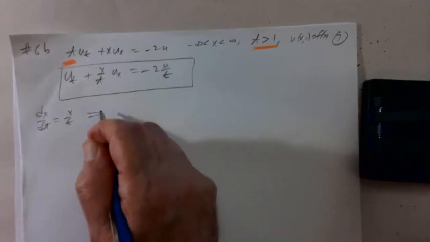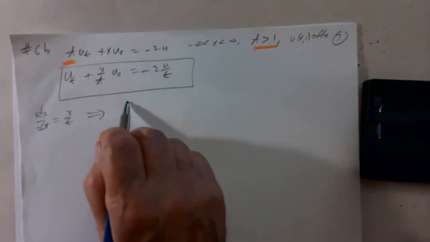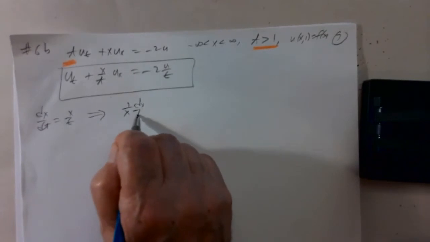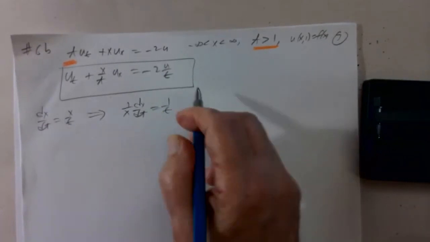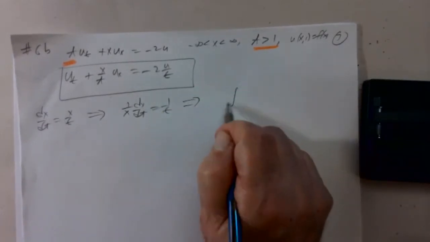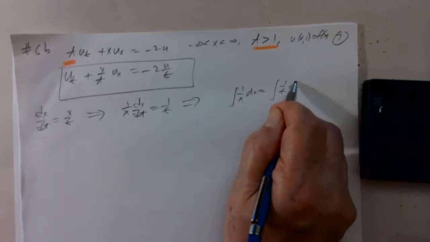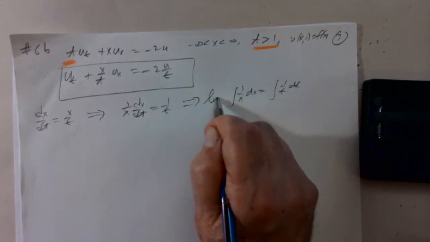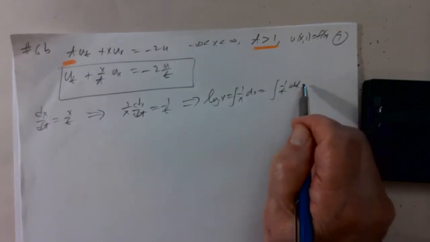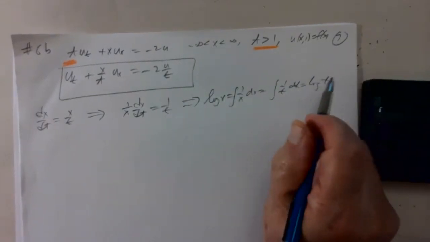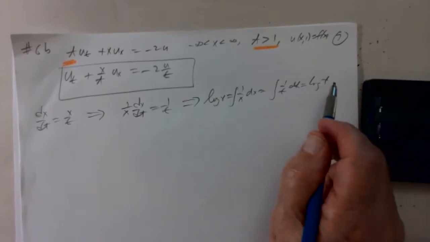So this means we can separate variables. 1 over x dx/dt equals 1 over t. So the integral of 1 over x is the integral of 1 over t, this is log x equals log t plus a constant.